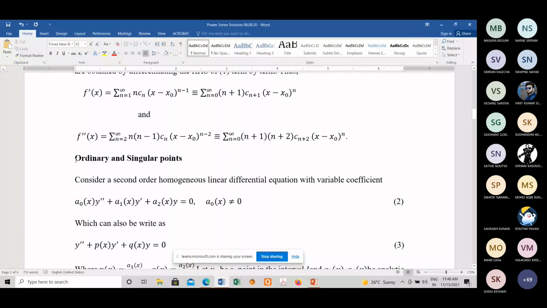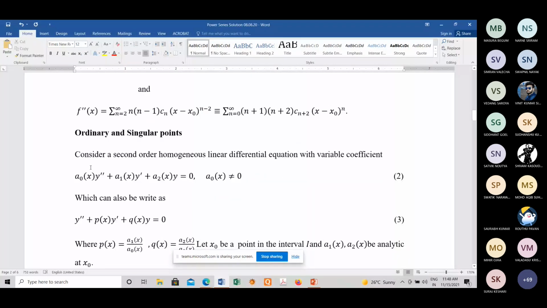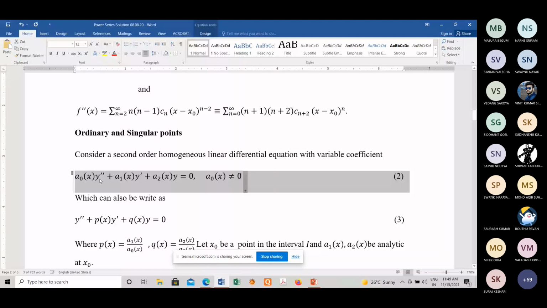So here we are considering a second order homogeneous linear differential equation with variable coefficients. It means a naught x y double dash plus a1 x y dash plus a2 x y equal to 0, where a naught x is not equal to 0. Just divide this whole equation by a naught x.